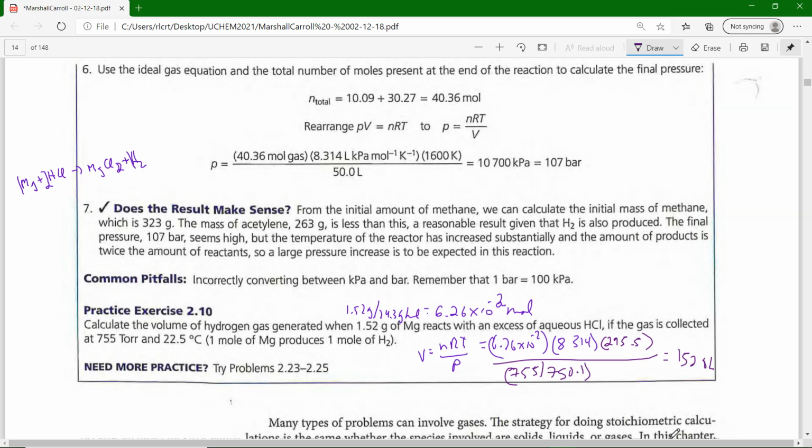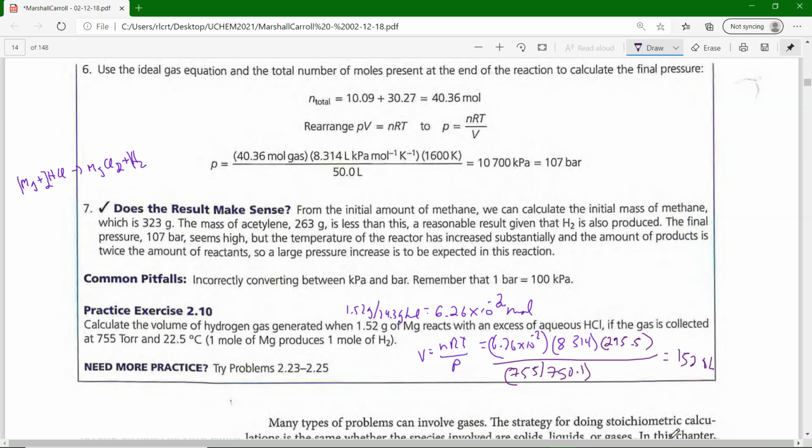I want to convert torr to kilopascal. So if I go to the first page here in chapter 2, 1 torr. Oh, I was using bar to kilopascal. That's not good. 1 torr is 133.3 Pascal.